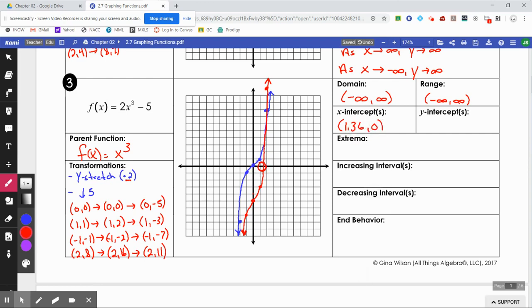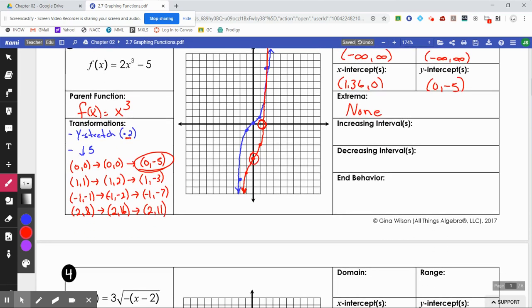Your y-intercept, the way you find your y-intercept, which is going to be right here, you can plug in 0 for x, or you can see it. This is actually your y-intercept, and that'd be at 0, negative 5. Your extrema, there are no absolute or relative maximums or minimums, so we will put none there. Your function is always increasing.